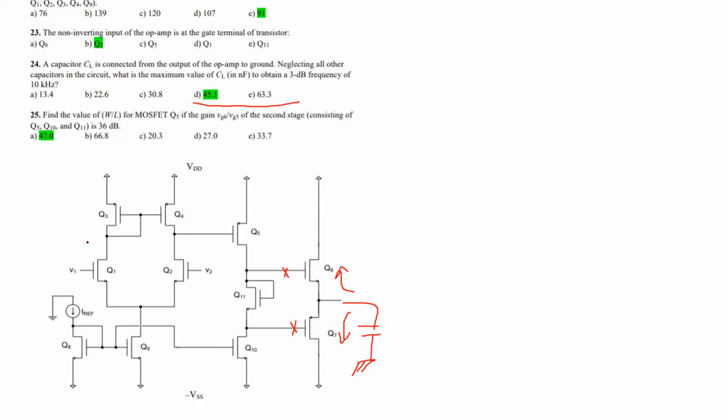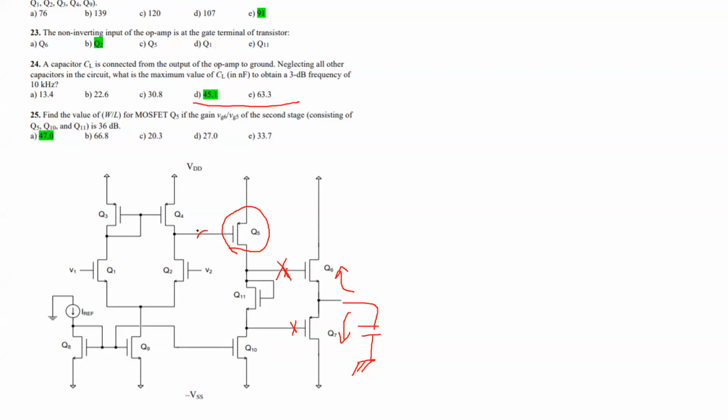Now 25: find the value of W by L of the MOSFET Q5, if the gain VG6 over VG5 of the second stage is 36 dB.